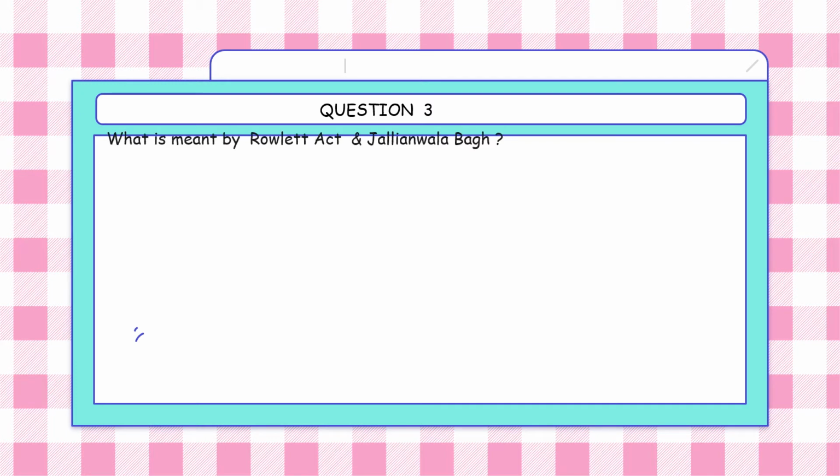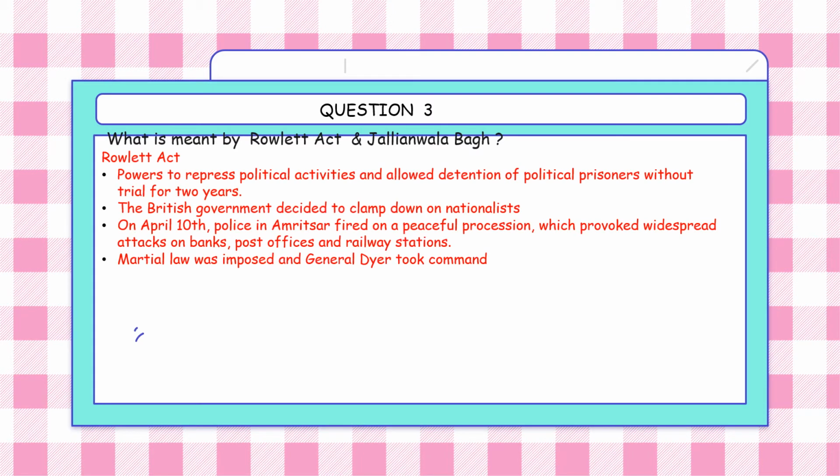Now what is question number 3? What is meant by Rowlatt Act and Jallianwala Bagh incident? Well, let's look at them one by one. First, Rowlatt Act. 4 points. Rowlatt Act gave the British government the right to repress any political activities and also to put any political leaders into prison without explanation for 2 years.